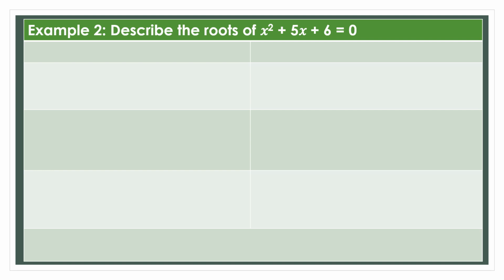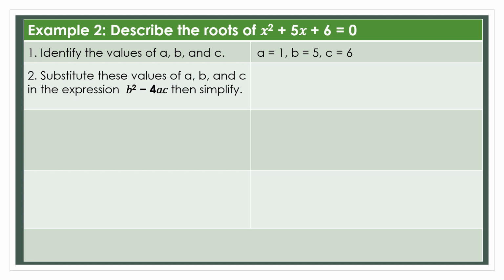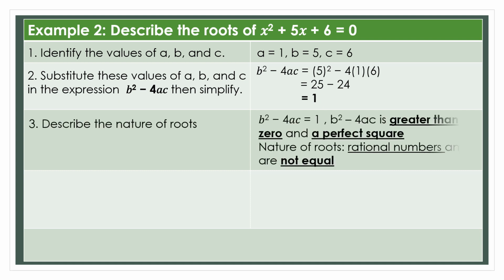For our next example, describe the roots of x squared plus 5x plus 6 is equal to 0. First step, identify the values of a, b, and c. From this example, a is 1, b is 5, c is 6. The next step is to substitute these values in the expression b squared minus 4ac, then simplify. As we can notice, the value of b squared minus 4ac is 1.